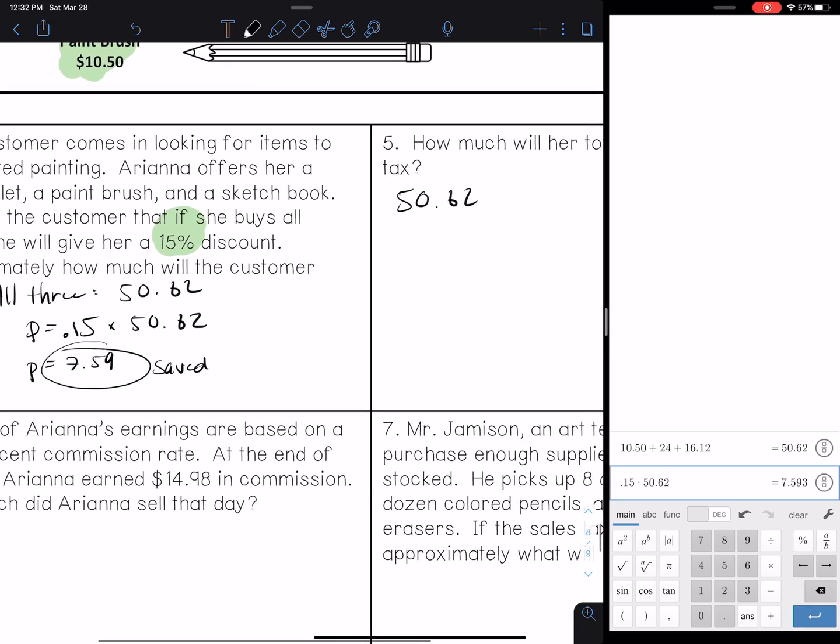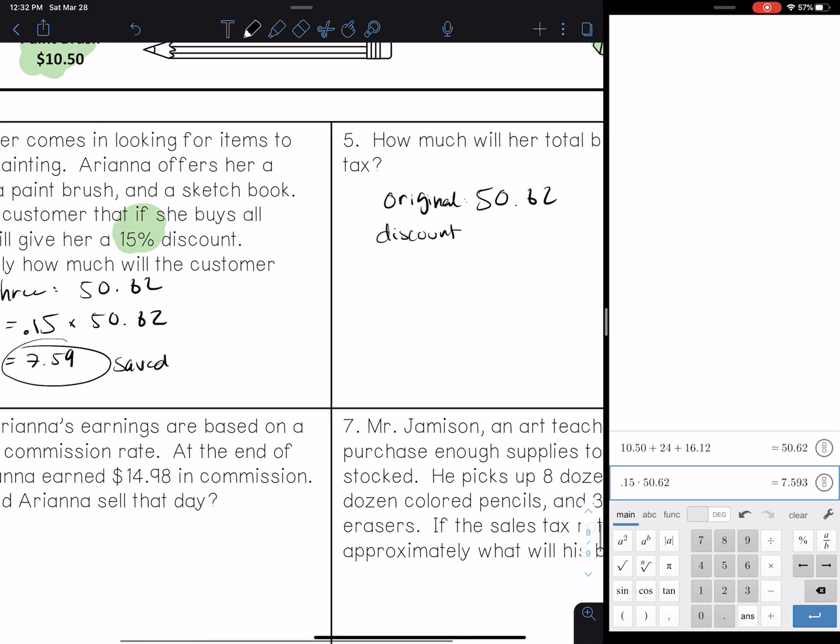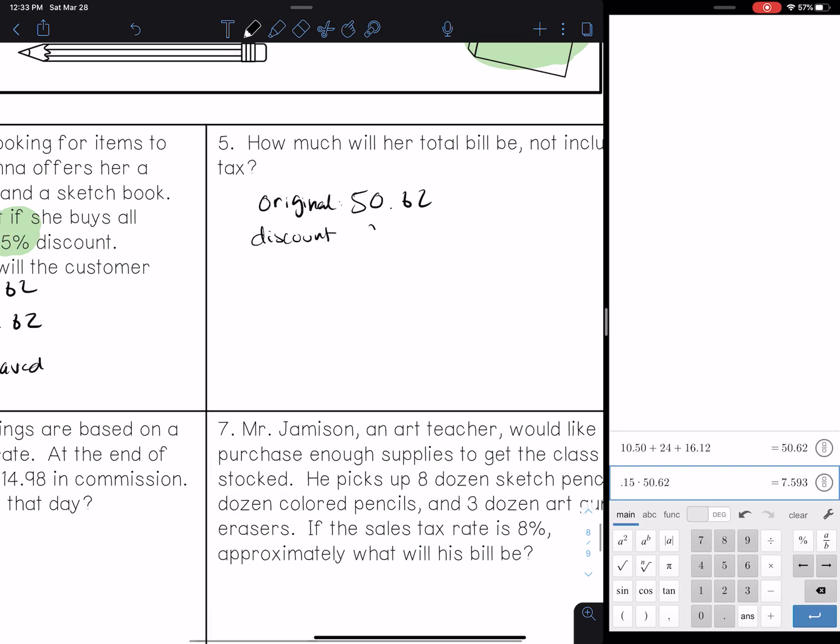So how do I figure out what the new price will be? Well, that's the original. The discount is $7.59. What do I do between them to find her final cost?